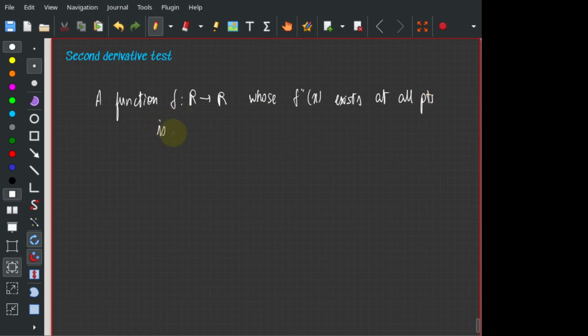This is convex if and only if the double derivative is greater than or equal to 0 for all x. And it is strongly convex if the second derivative is strictly greater than 0 for all x.